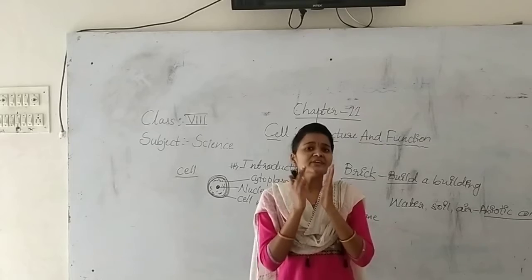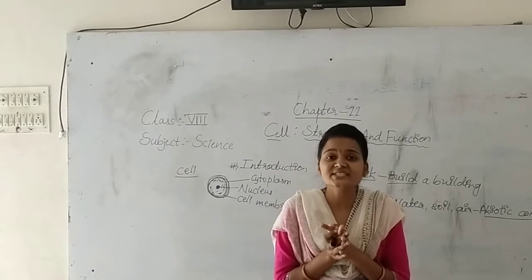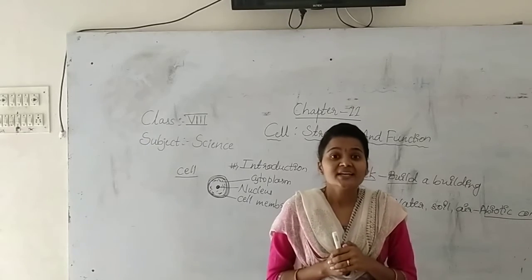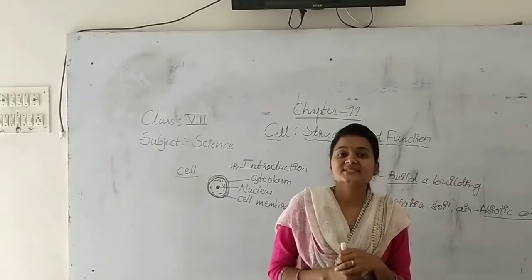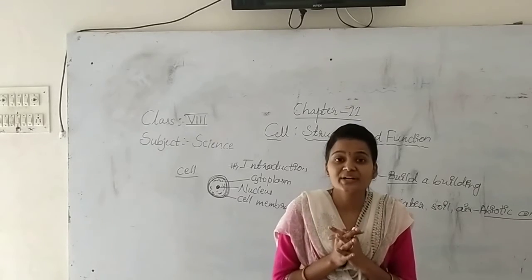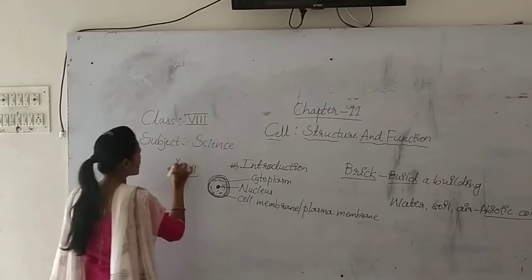Then to be alive, what is the necessary thing? Cell is the necessary thing. That's why we call the cell the building block of an organism. It is important, students.